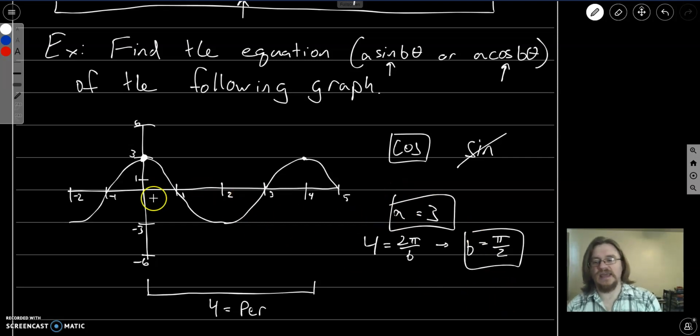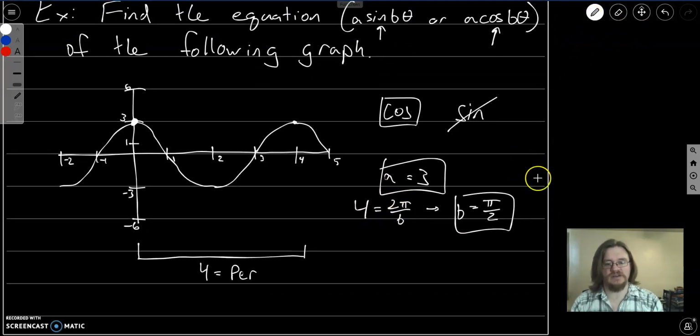So we know that a is 3, since we're stretching our cosine function by a factor of 3. B is going to be pi divided by 2, since we have our formula for the period of a trig function, of our sine or cosine. So our function here is going to be 3 times the cosine of pi over 2 times theta.